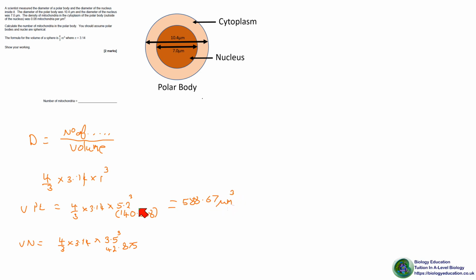It's in micrometers because the radius is in micrometers, and the cube means that it's a volume. For the nucleus, that's going to be 179.5. So there's our two volumes.